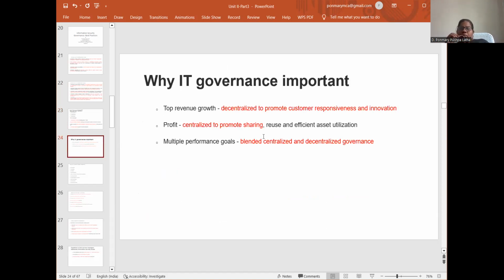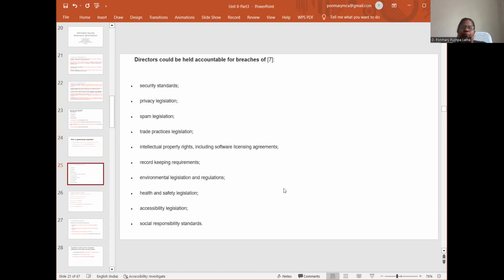When you go with decentralization, we can promote customer responsiveness and innovation. Similarly, when you centralize, sharing can be included so that we can get the profit. So both centralization and decentralization we can use.